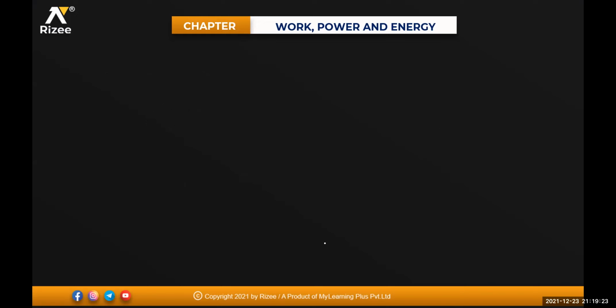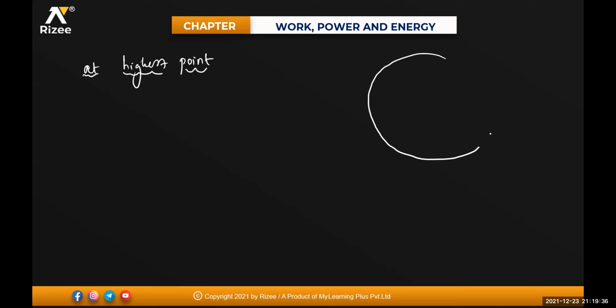Now at the highest position, at the highest point, the body is moving in the vertical circular motion. The body is at the highest position. This is the center. Weight of the body is mg in the downward direction.